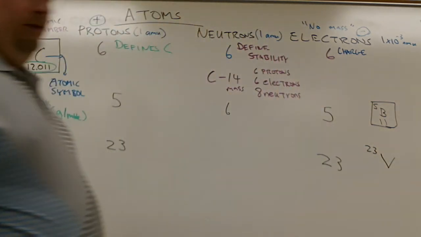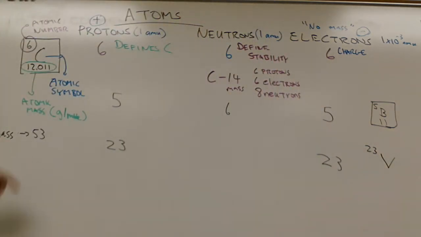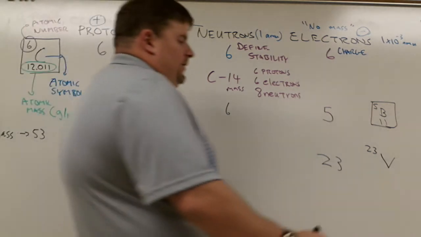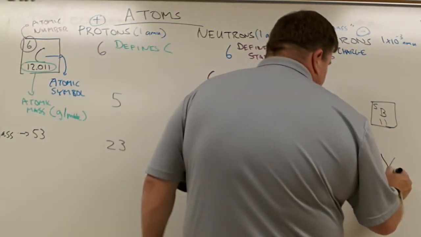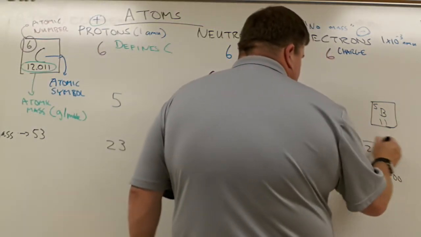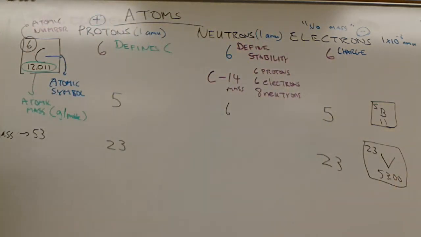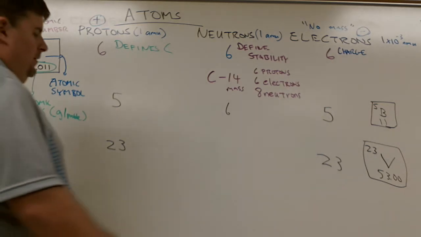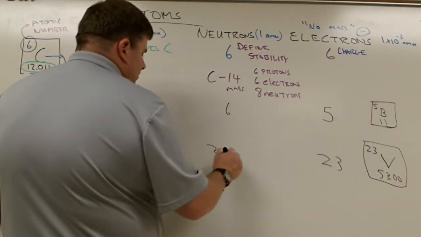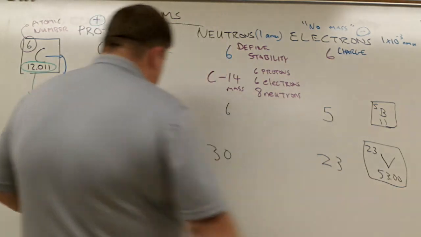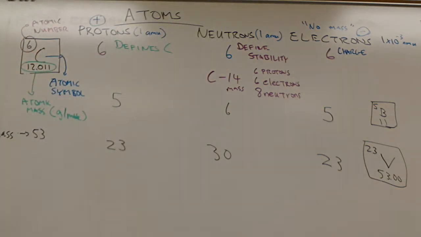And what's going to be the overall mass of this thing? Well, I already know it's 53. So in this case, I've got vanadium, and this is 53. Okay? So that's what my element box is going to look like. And how many neutrons do I have? I've got 30 neutrons. Good, because I take 53, subtract 23, and that gives me the number of neutrons that I have. All right?